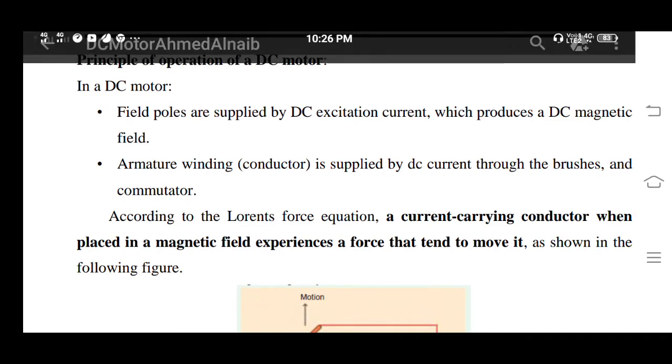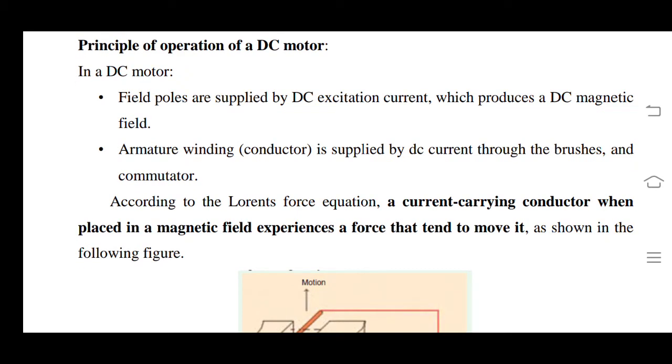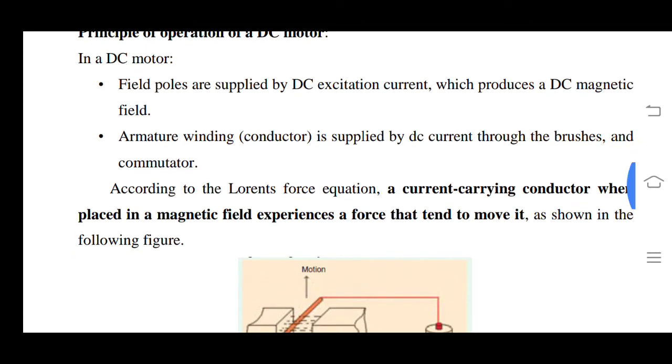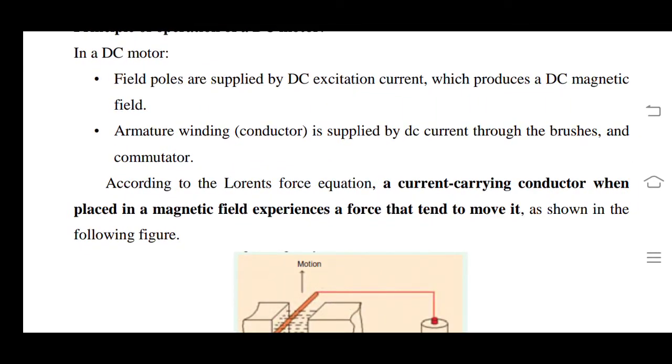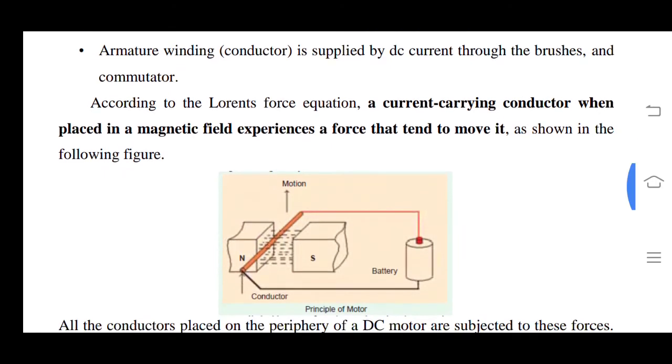Principle of operation of a DC motor. In a DC motor, the field poles are supplied by a DC excitation current, which produces a DC magnetic field. The armature winding conductor is supplied by a DC current through the brushes and commutator. According to the Lorentz force equation, a current carrying conductor placed in a magnetic field experiences a force.